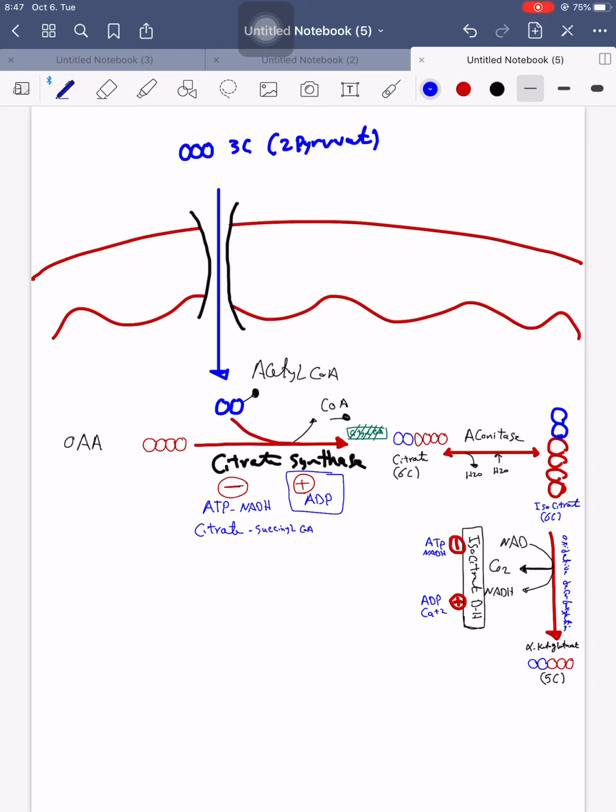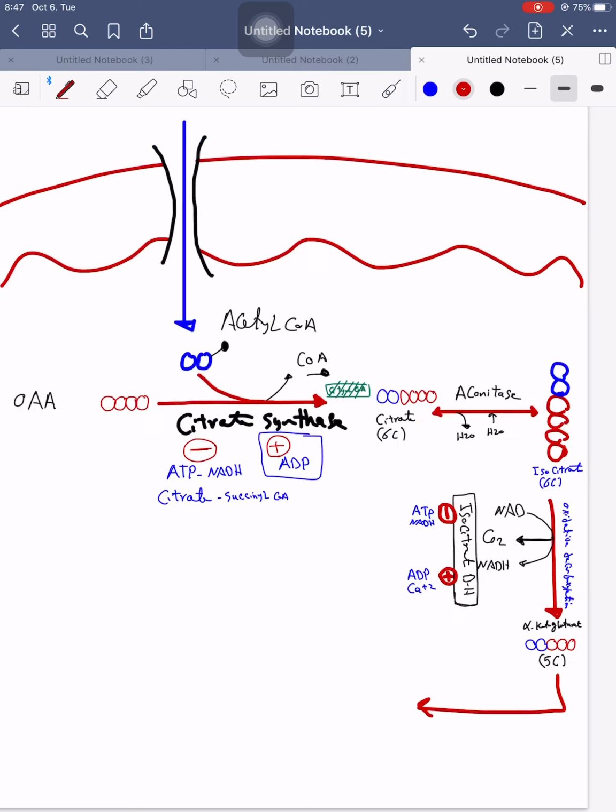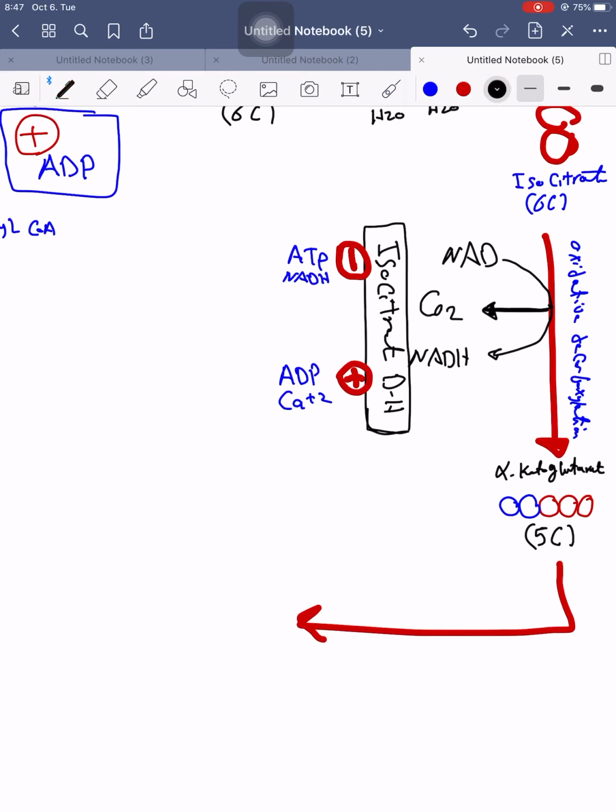So we need here what? We need that alpha ketoglutarate to convert to a 4 carbon molecule. What 4 carbon molecule? It means that I will produce CO2. So we have here CO2 produced.